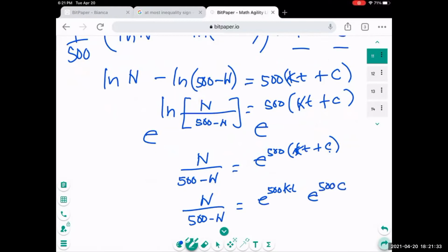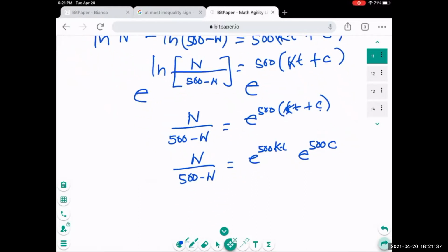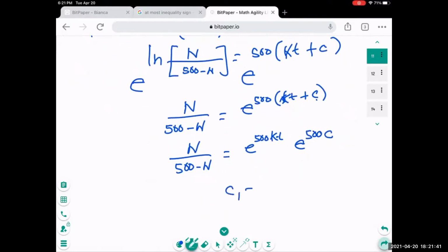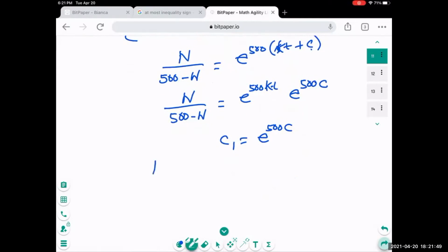Let's call e to the 500 c as c sub 1. So our equation now becomes n over 500 minus n equals c sub 1 e to the 500 kt, right?